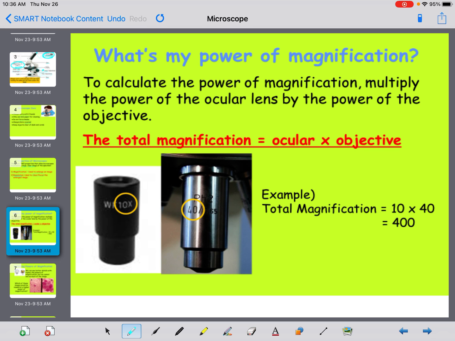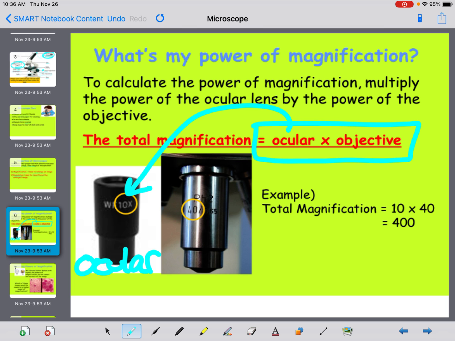So the total magnification is the ocular lens times the objective lens. The ocular lens is always 10 times magnified. This is the ocular.